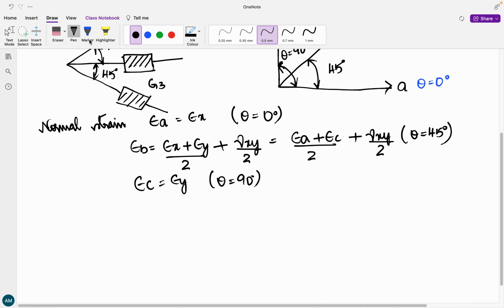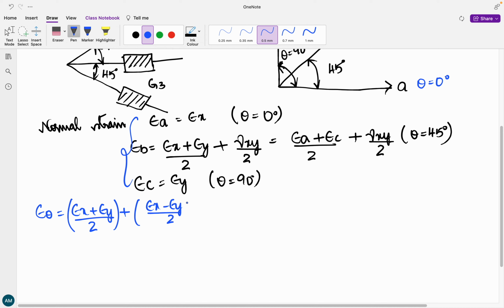All these 3 are derived from the previous video where we had written epsilon theta as epsilon x plus epsilon y by 2 plus epsilon x minus epsilon y by 2 cos 2 theta plus gamma xy by 2 sin 2 theta.